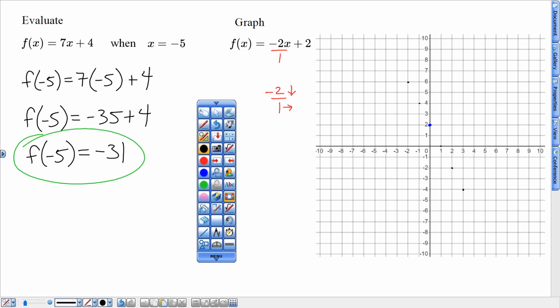Draw a line through them. Put arrows on either side of your line. Label your y-intercept 0, 2. Label your x-intercept 1, 0. Remember, this is the x-intercept. This one up here is the y-intercept.